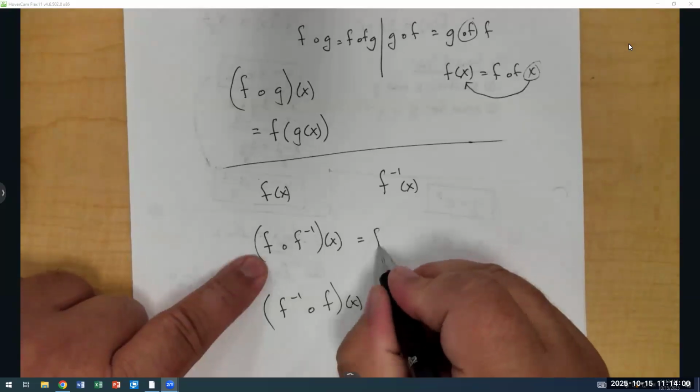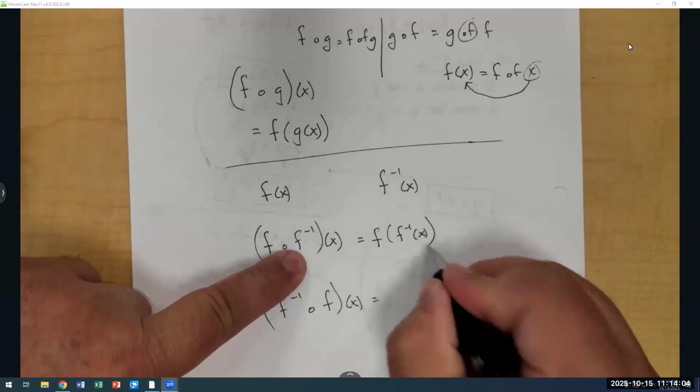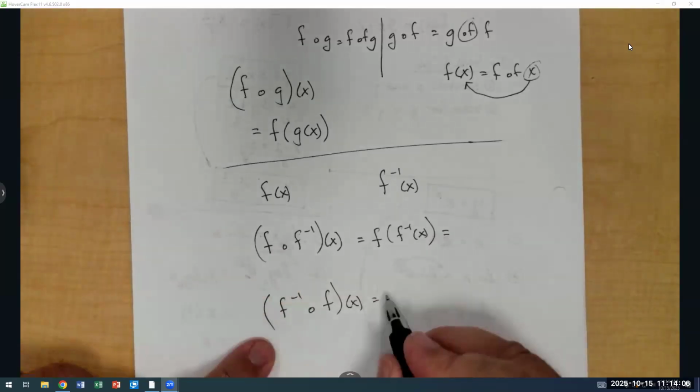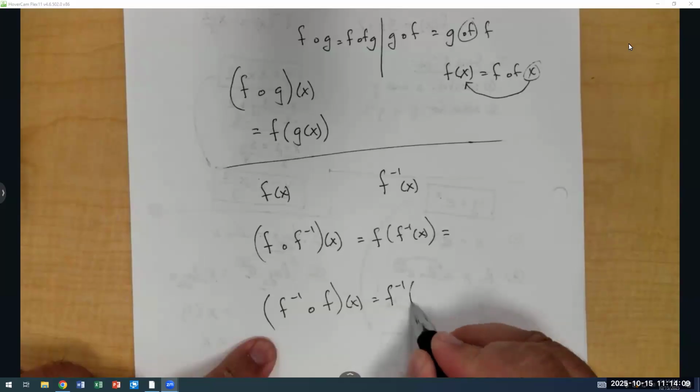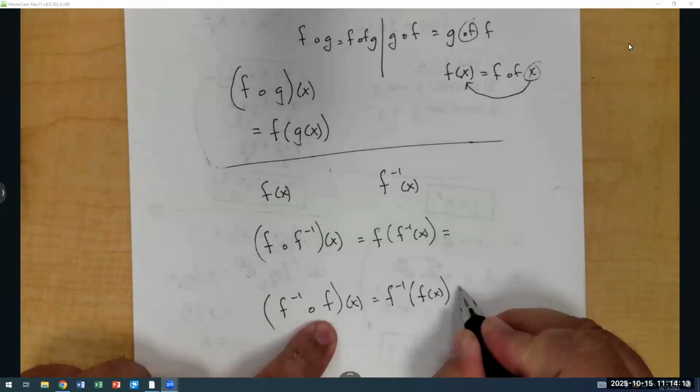So it's the f of f inverse of x, or the f inverse of f of x.